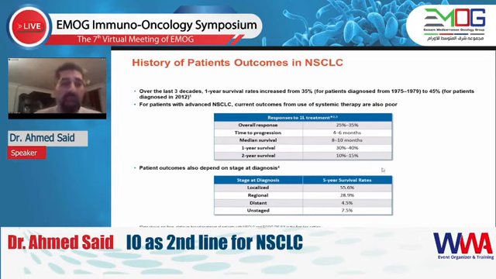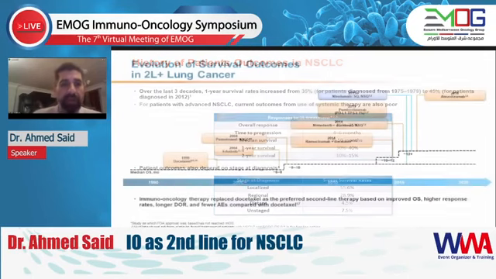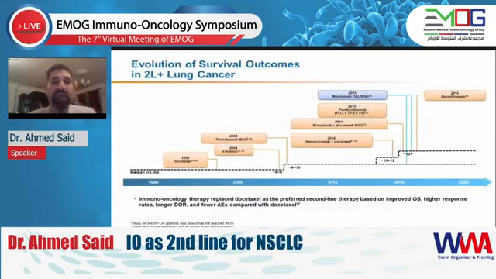We all know that lung cancer outcome also depends on the stage at diagnosis, with a 5-year survival in the distant metastatic setting of 4.5%.